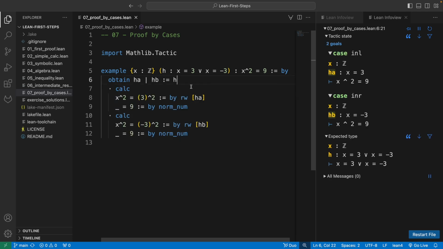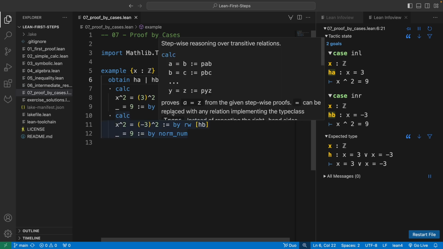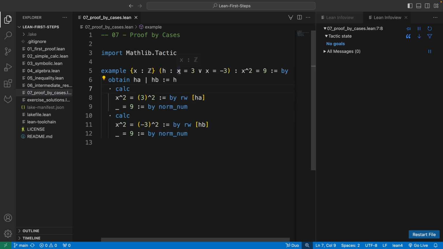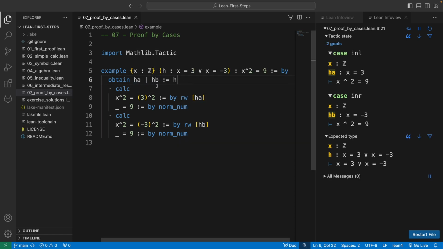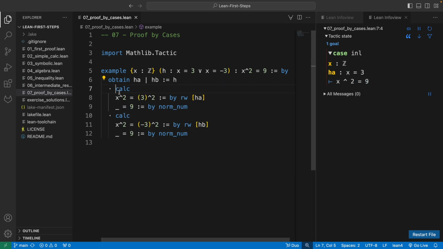Now you might say, well, how do we know which way round it was? Was it x equals minus 3 first? It's always, well, I think it's left to right, but you don't have to assume that. You can check by putting your Infoview on, putting the cursor after obtain, and then you can see the cases, and in the calc sections, you can see which one is the current case.